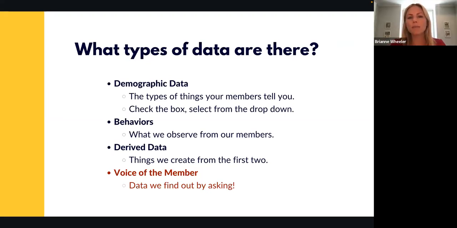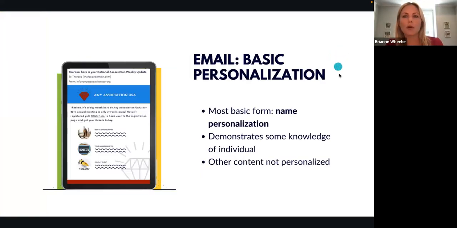So this voice of the member data is more timely, more relevant to what's happening now, and also more relevant to your curiosity, almost like what you need from them in the moment. It might be really important for you to target a program based on somebody's title or other demographic information. So that's just a general overview there.